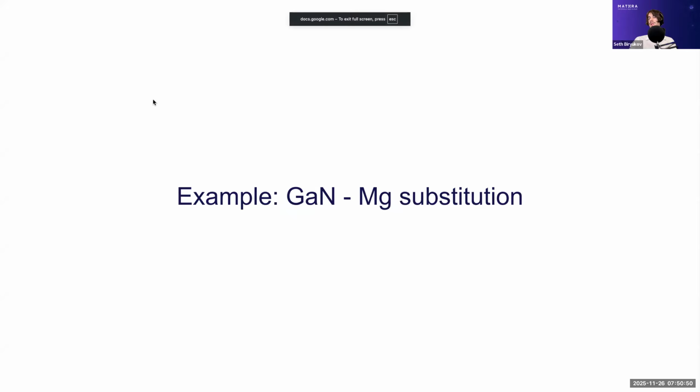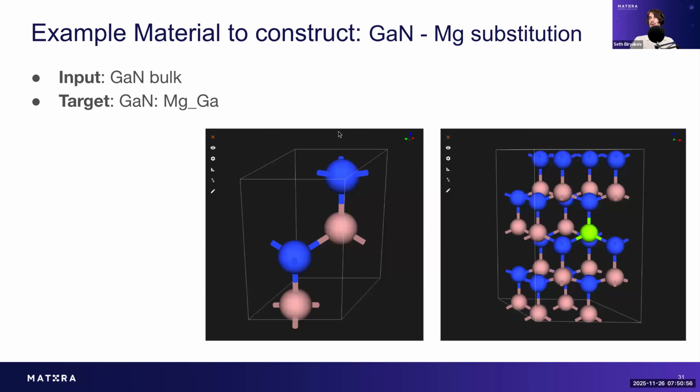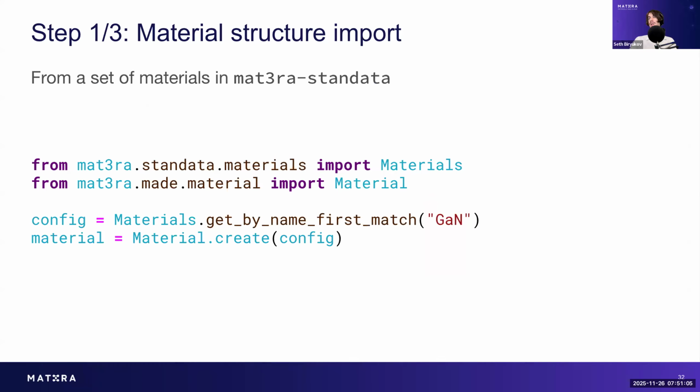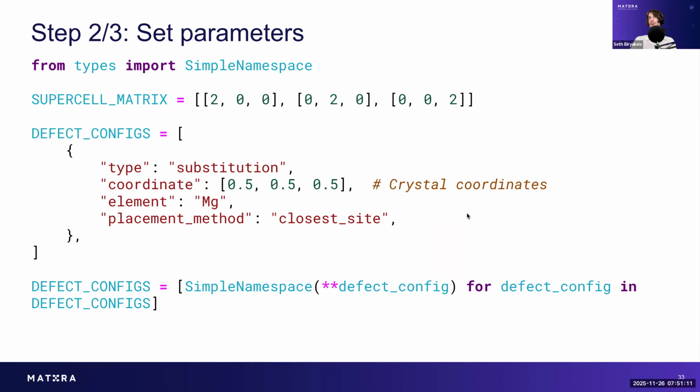The next one is an example of magnesium substitution in gallium nitride. We want to start with the gallium nitride bulk material and substitute a magnesium atom. Again, we will import the material from Standata. Then we want to specify the supercell matrix that we want to get.